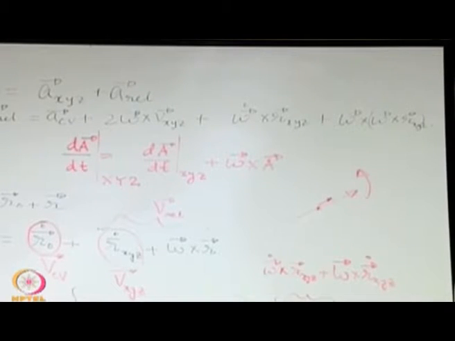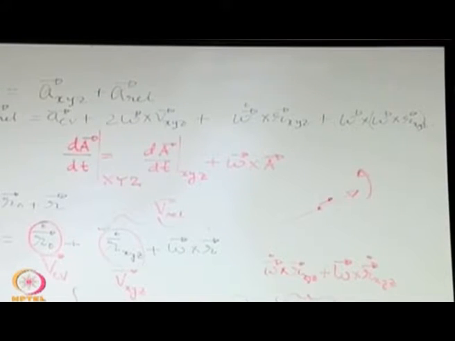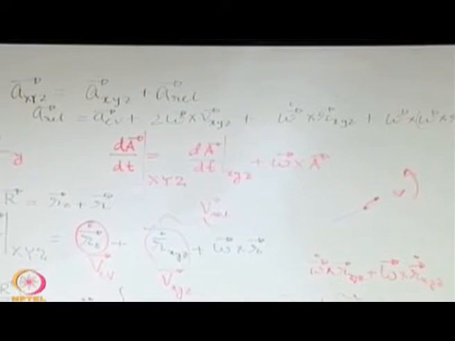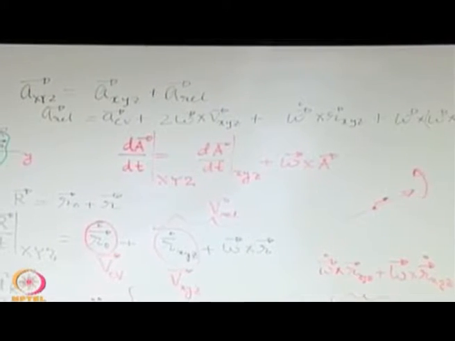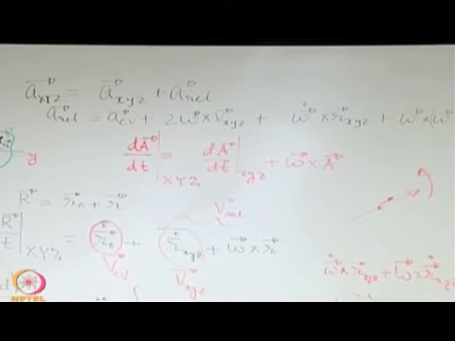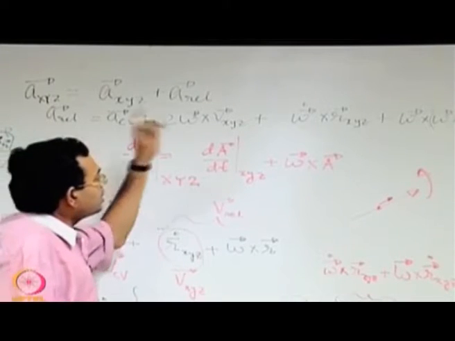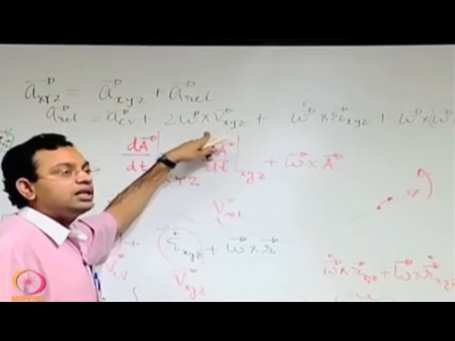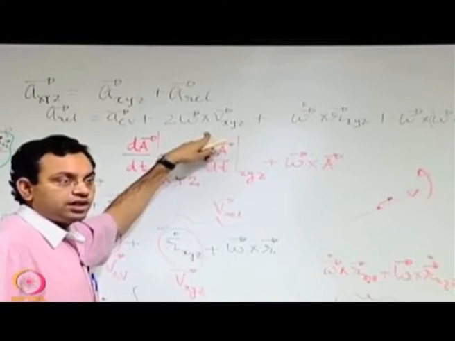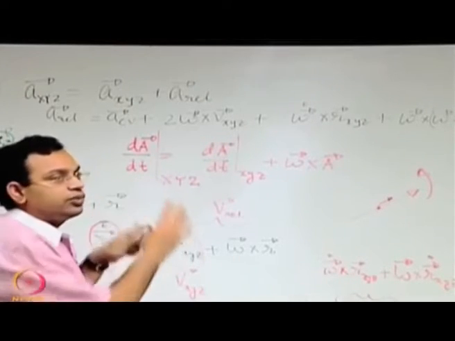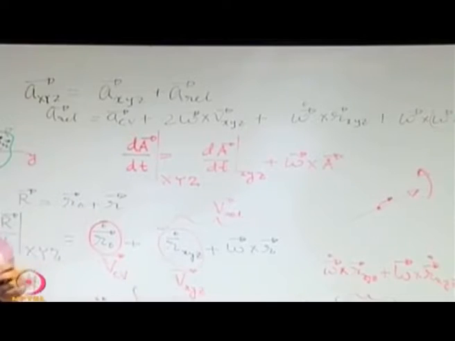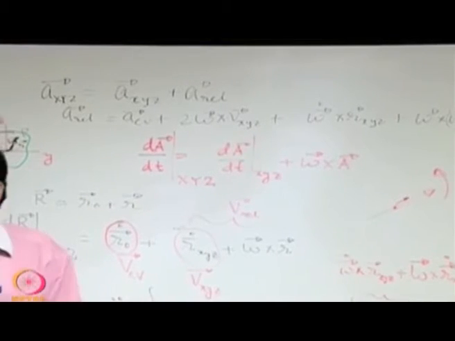So, you can clearly see that this is basically a transformation from a reference frame which is stationary to an arbitrarily moving reference frame, and when you do that the transformation terms appear in the form of the quantities which you are visualizing relative to the moving reference frame, because when you are writing your equations of motion relative to the moving reference frame, all quantities you are measuring relative to the moving reference frame.